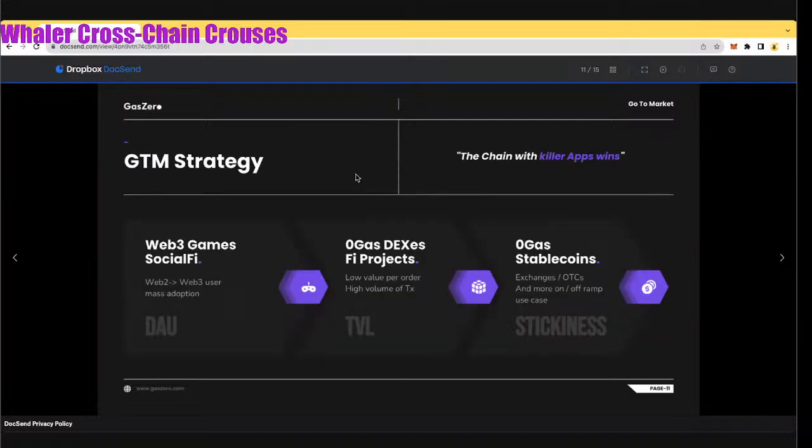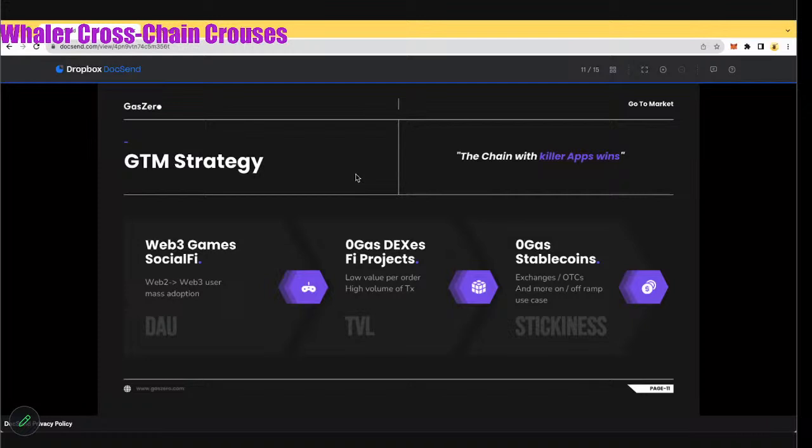Step into our go-to-market strategy. As the first use case, we are focused on Web3 games and SocialFi, because that is where the biggest amount of transactions is and we can increase our DAU.